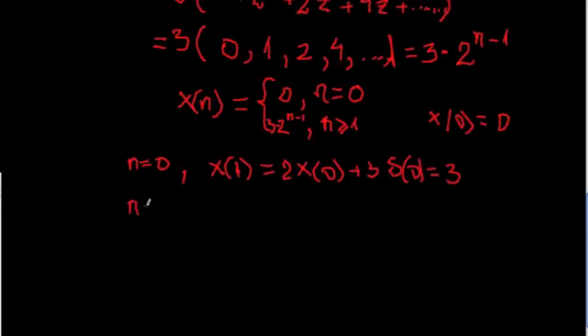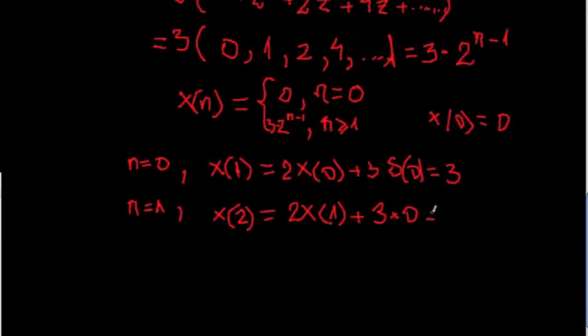For n equal 1, we have x2, which is 2 x1 plus 3 multiplied by 0, because the Dirac function delta at 1 is 0. So we have 2 multiplied by x1, which is 2 multiplied by 3, giving 6.